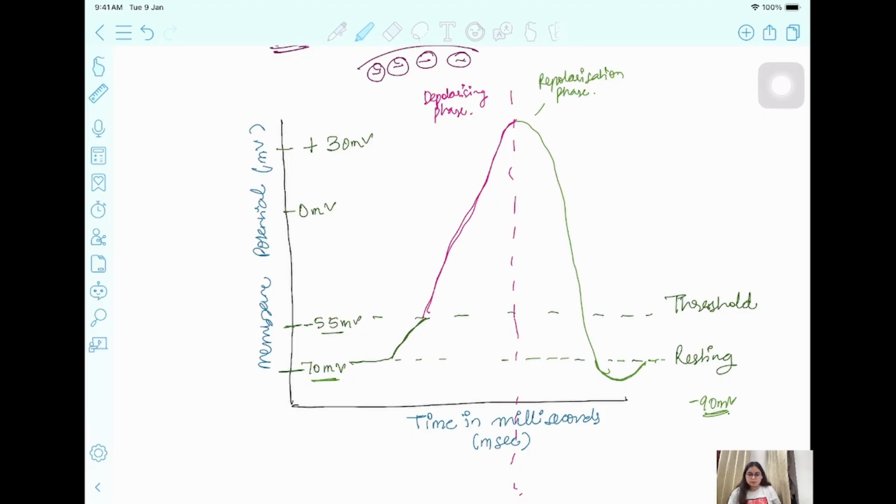Now, again, to summarize the action potential: this is the resting membrane potential, which is minus 70 millivolts.